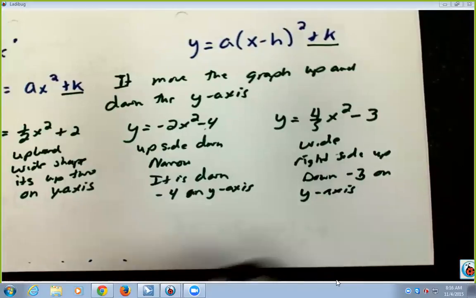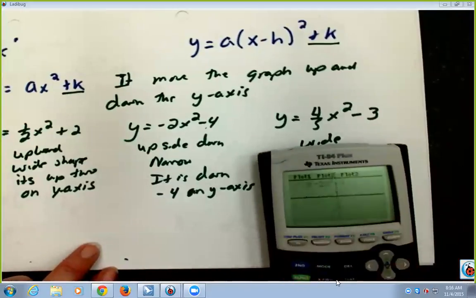So let's just double check it so you can see it on the calculator. If I clear that out and I put in 4 divided by 5 x squared minus 3, let's see if what we said about it proved to be true, and it is.